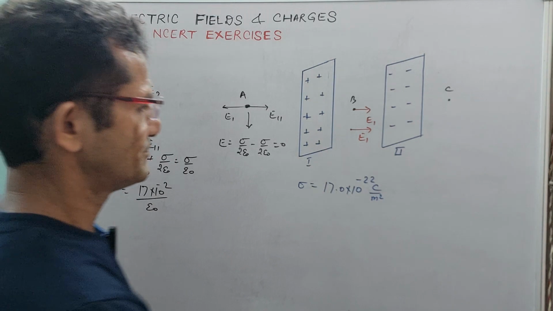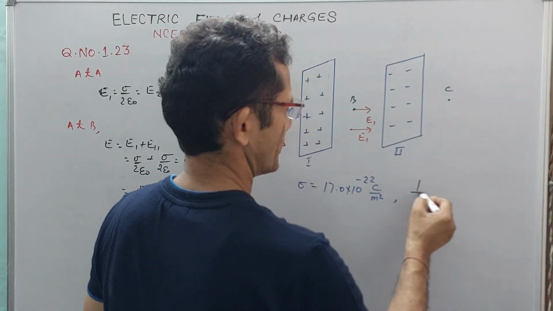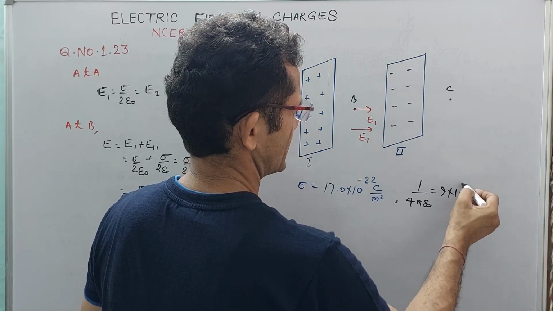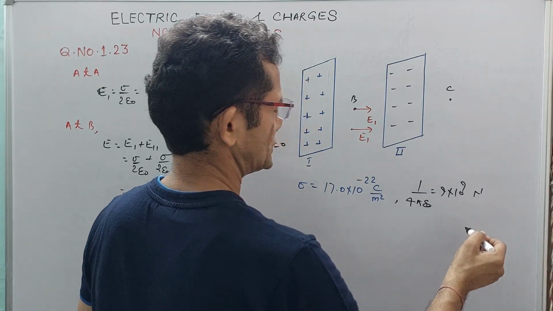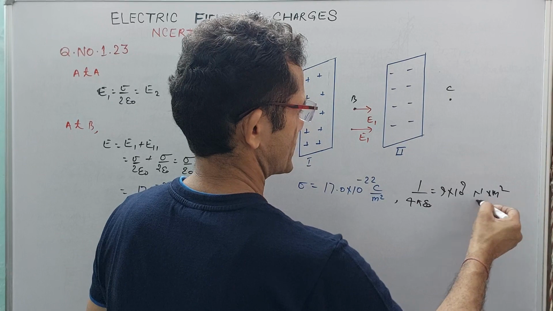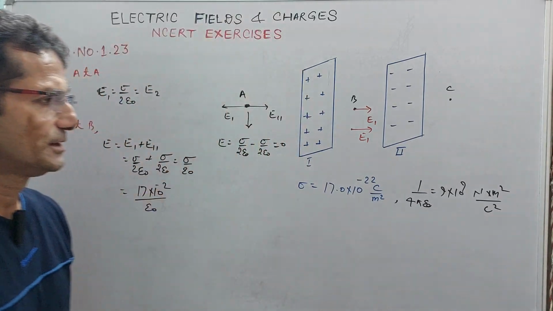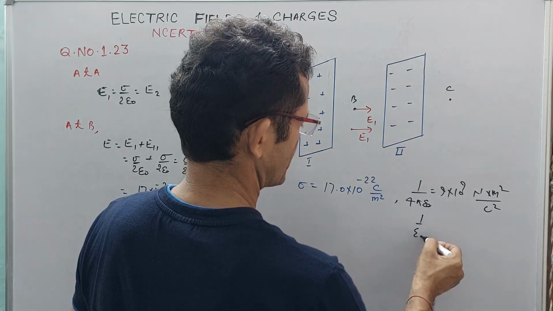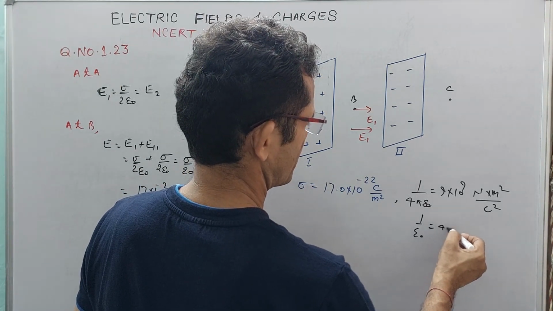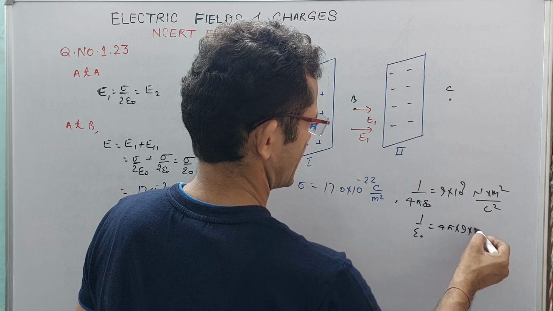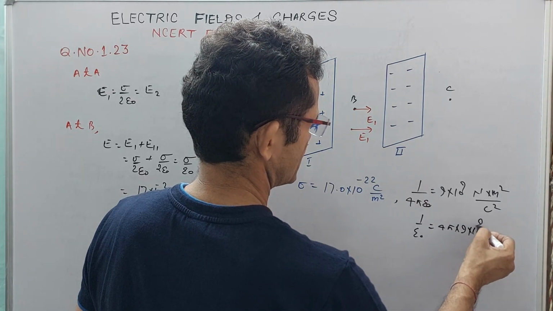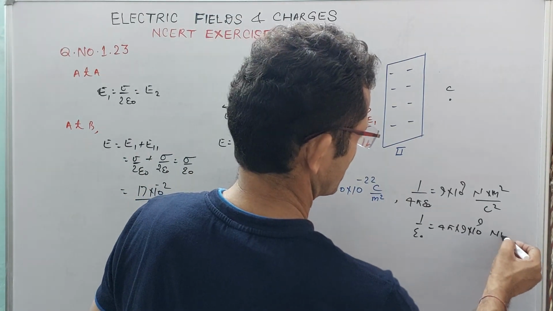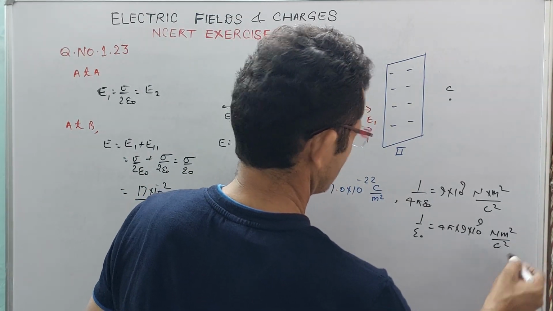We will utilize here the value 1 upon 4 pi epsilon naught is 9 into 10 to the power 9 Newton meter square divided by Coulomb square. So 1 upon epsilon naught has the value 4 pi into 9 into 10 to the power 9, and the unit will be the same, Newton meter square divided by coulomb square.